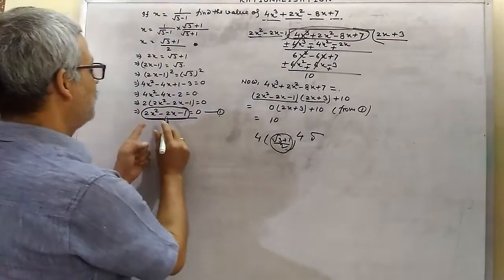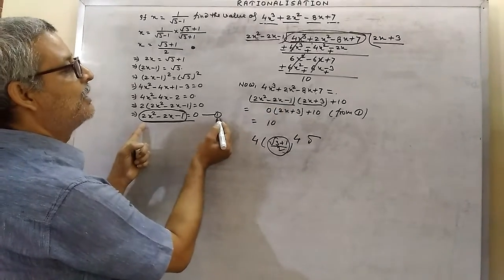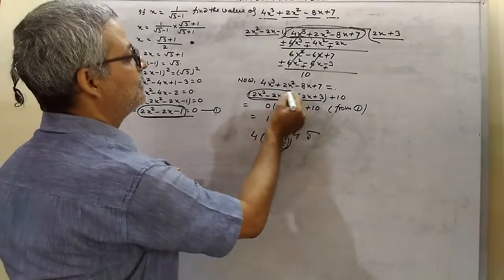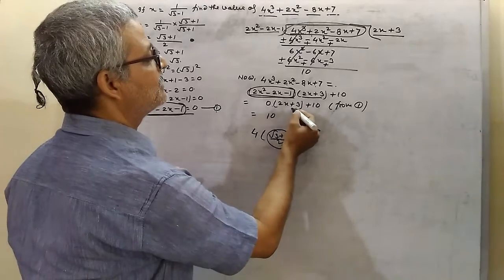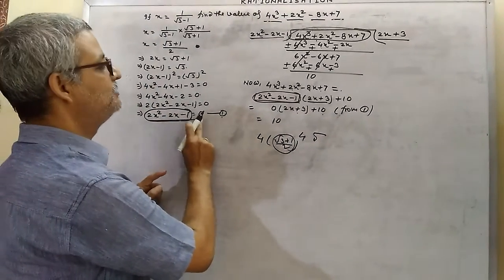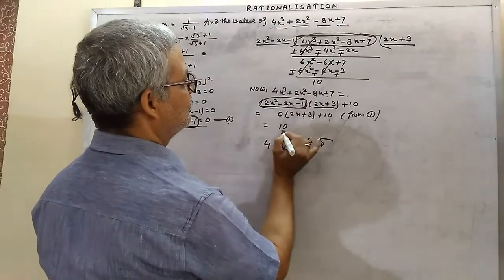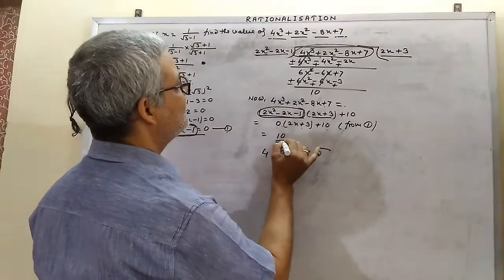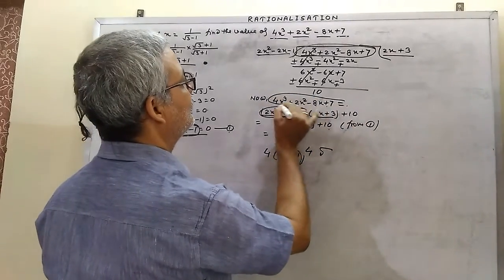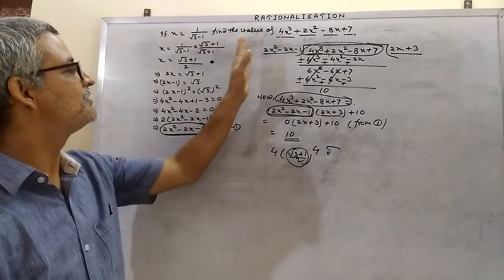The divisor 2x square minus 2x minus 1 is already 0 from equation number 1. So put 0 into 2x plus 3, plus 10. That is 0 plus 10. So 10 is our result, and this is the value. In this way you can solve any question based on this concept.